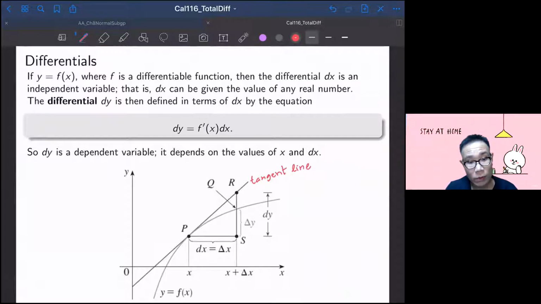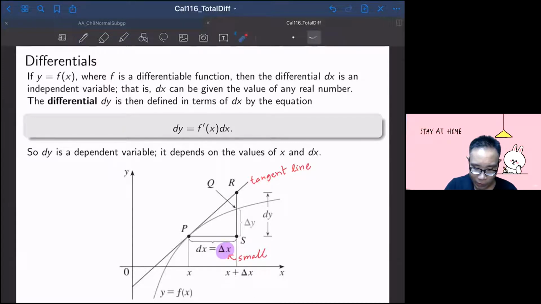You'll be able to use the value of the tangent line to give you the approximate value of the function. However, you see that normally we need delta x to be small. So we need this to be small.